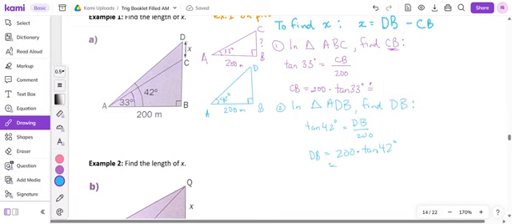Okay, so I'm going 200 times 233, 129, 129.9 meters. And it's 180.1 meters.